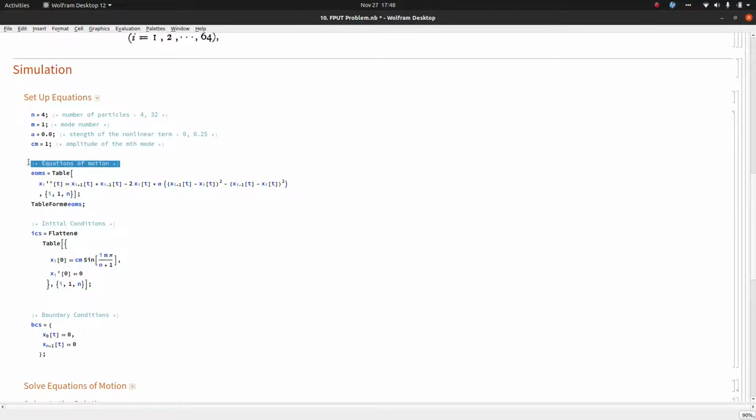So we'll set our equations of motion up, we'll set our initial conditions up, and then we'll set our boundary conditions up. We're going to have particles going from an index of 1 to n, but we are going to include x equals 0. We're just going to say that that's where the wall is. We're going to fix the boundary condition there so that position is always going to be 0.